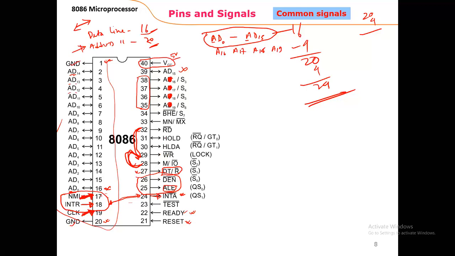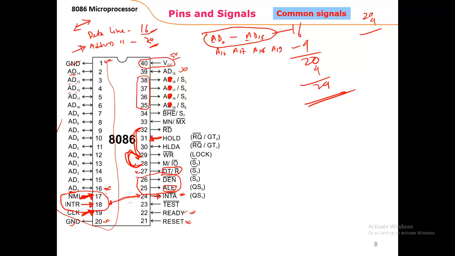And now this is another error. So our three errors. This NMI is not bidirectional, it is unidirectional. This is not A6, AD16, AD17, this is wrong, it is A16, A17, A18, A19. This is the first wrong, this is the second wrong, and this is the third wrong. This is the HOLD pin. This is an input signal.